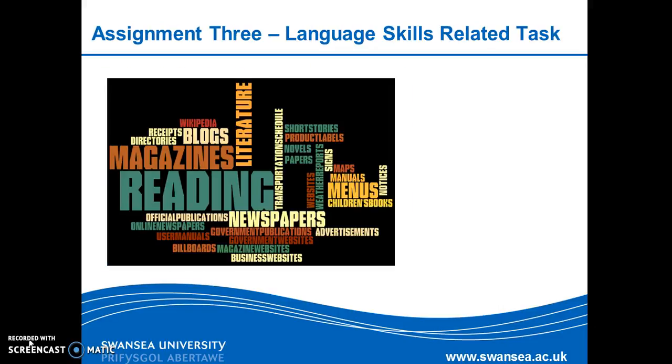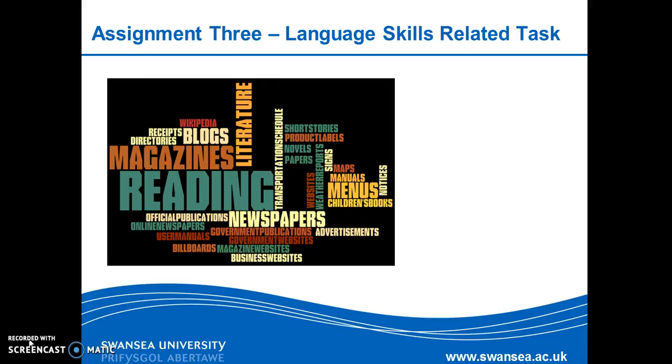Moving on, assignment 3, the language skills related task. As you can see from the word cloud here, this assignment is very much about English in real life, about using materials that are designed not for use in the classroom, but were originally designed for use outside of the classroom for general English language purposes. So this includes, for example, newspaper articles, films, songs, recipes, and so on.